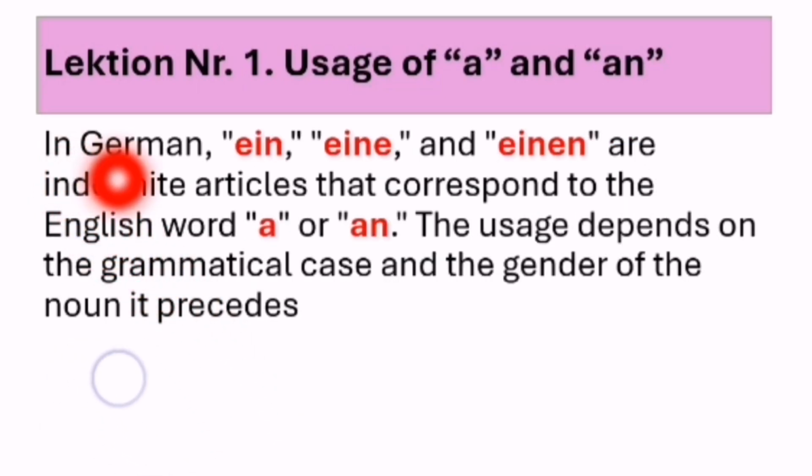So in German, ein, eine, and einen are indefinite articles that correspond to the English word a or an. The usage depends on the grammatical case and the gender of the noun it precedes.